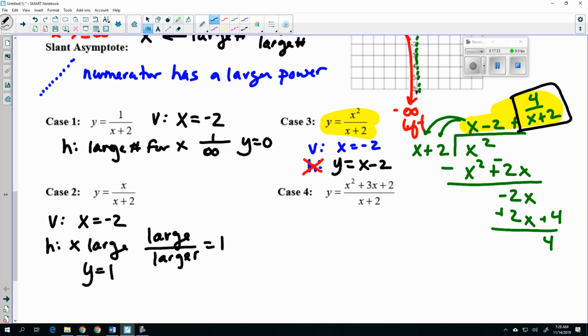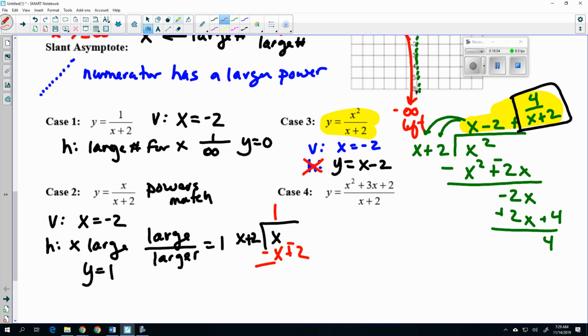Okay. So case 1 says we have a vertical and a horizontal. Horizontal was 0. Case 2, if you look, I have a variable in the numerator, but the powers match. If I did long division, how many times does x go into x? Oh, could I do long division on that? How many times does x go into x?